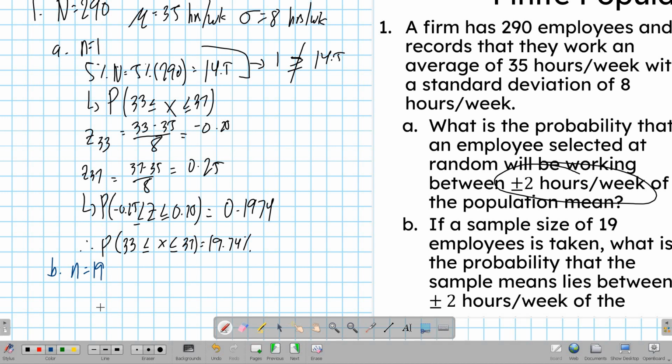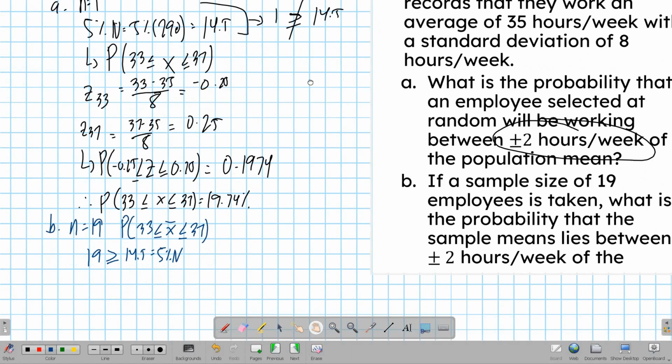Because it asks what's the probability the sample mean lies between 33 and 37. So in symbols, that is the probability that the sample mean is between 33 and 37. Now we can see that 19 is greater than or equal to 14.5, which is 5% of N. Therefore, we apply our population correction.